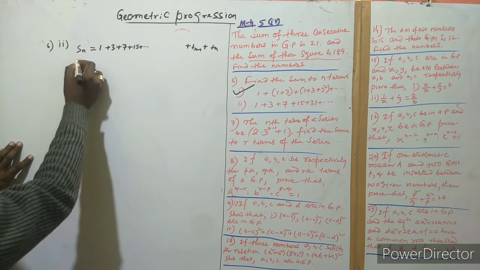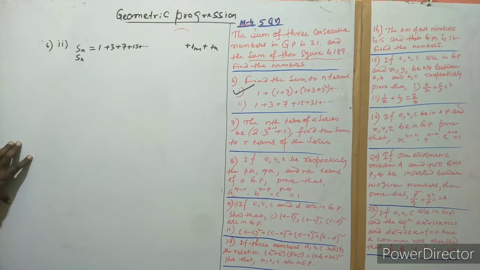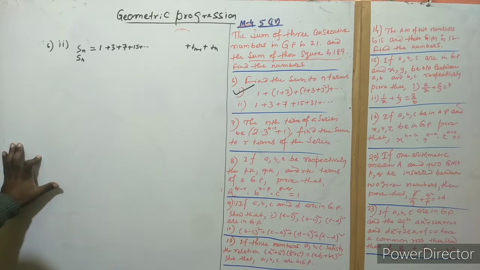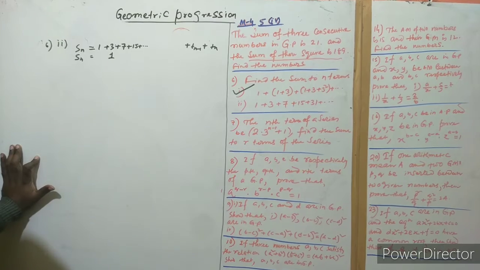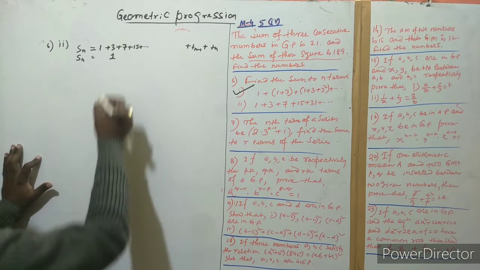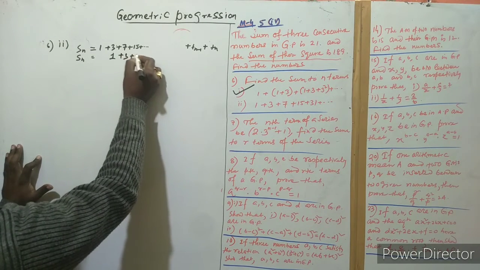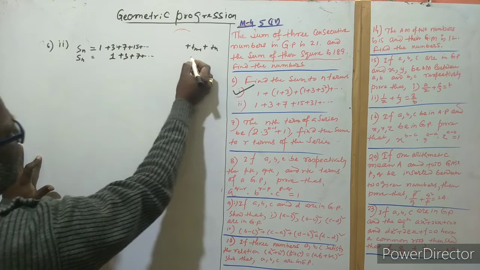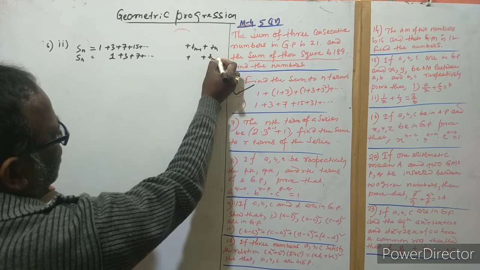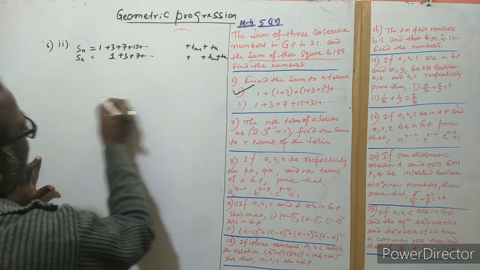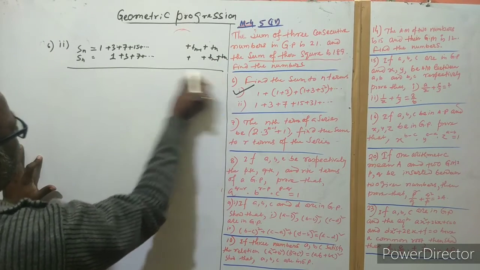So this is Sn. So again we write Sn once more, shifted by one step. Then what happens? This term occurs in the last position, and so doing the subtraction.